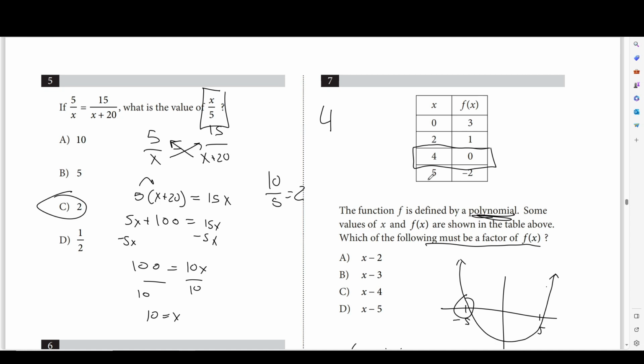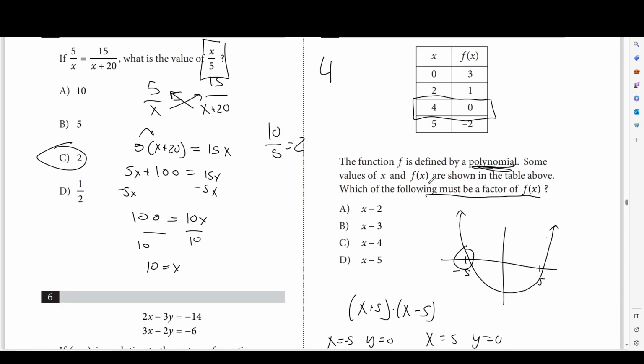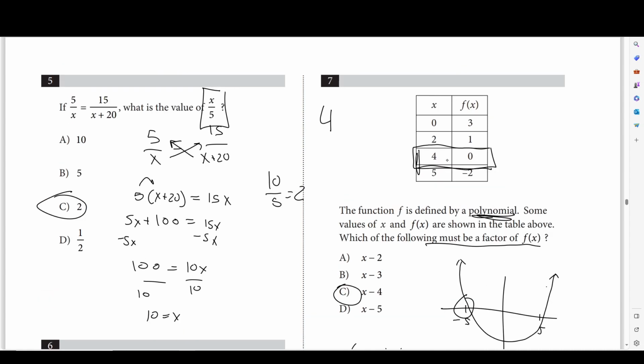Now, which one of these expressions shows that 4 makes the whole function 0? That's going to be choice C, x minus 4, because 4 minus 4 is 0. That has to be a factor because it shows us a value of x that makes the function 0. 4 minus 4 is 0. So it's showing us that 4 is a zero, which we confirmed in the table above.